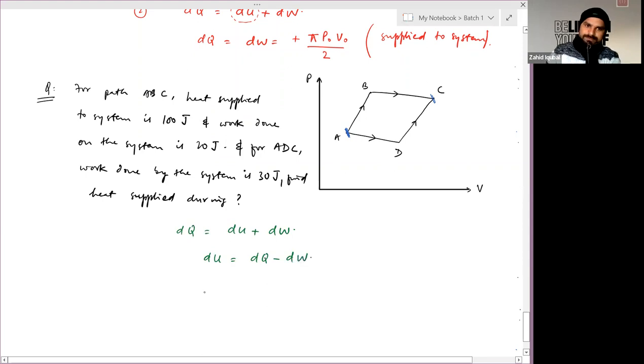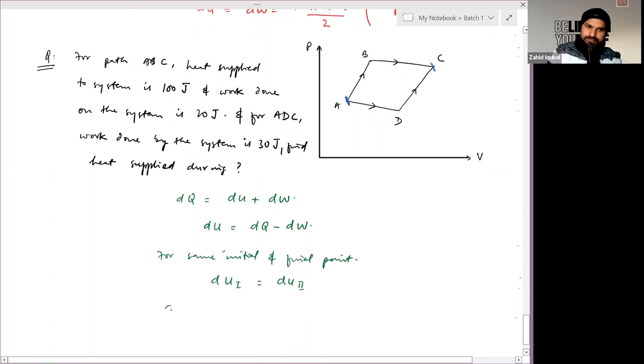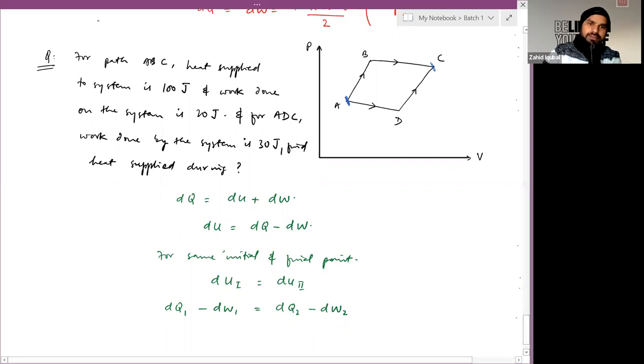It means for same initial and final point, change in internal energy along path 1 should be equals to change in internal energy along path 2. So dq1 minus dw1 equals to dq2 minus dw2. We have to calculate dq along second path.